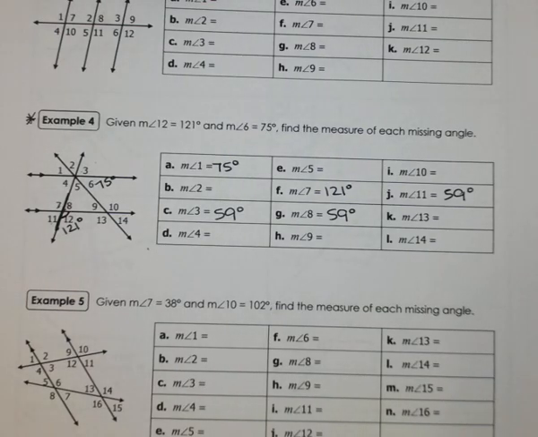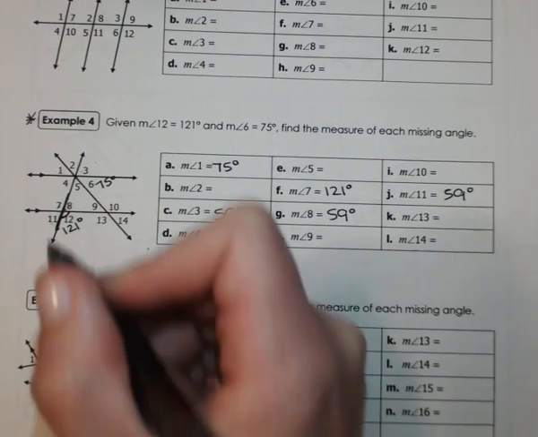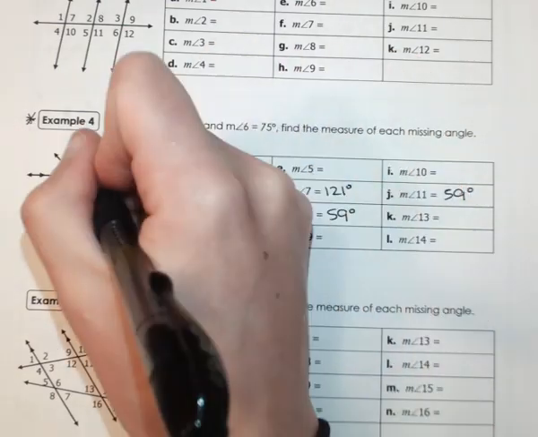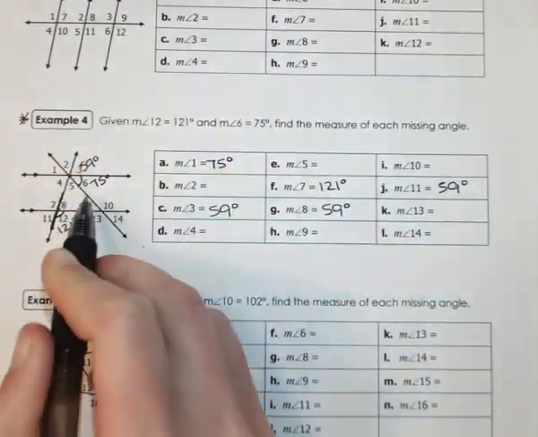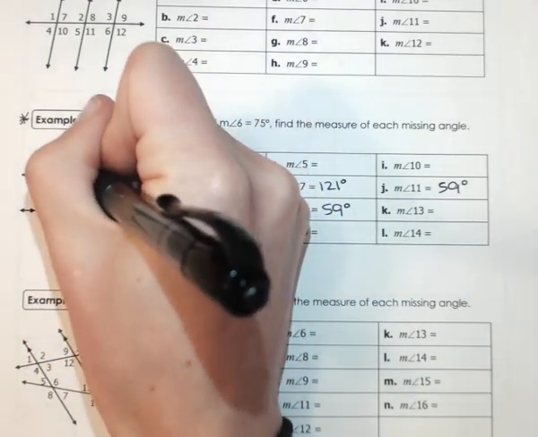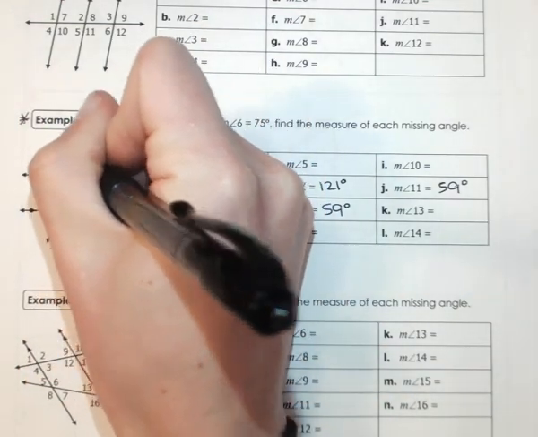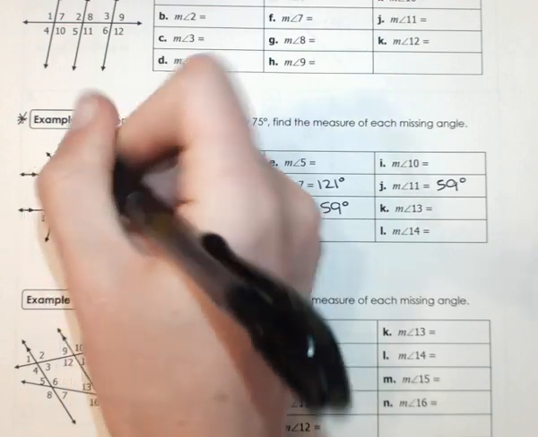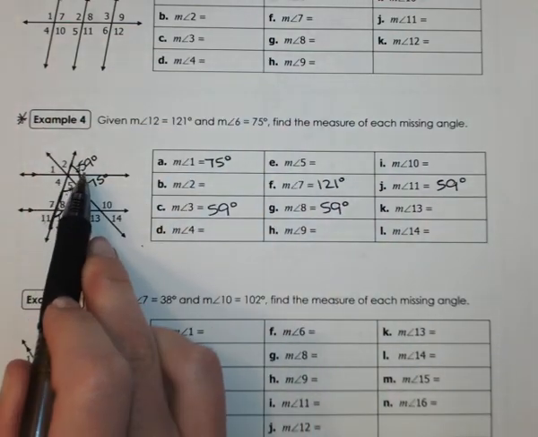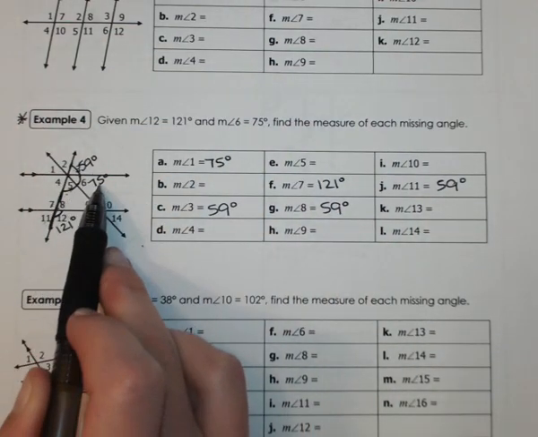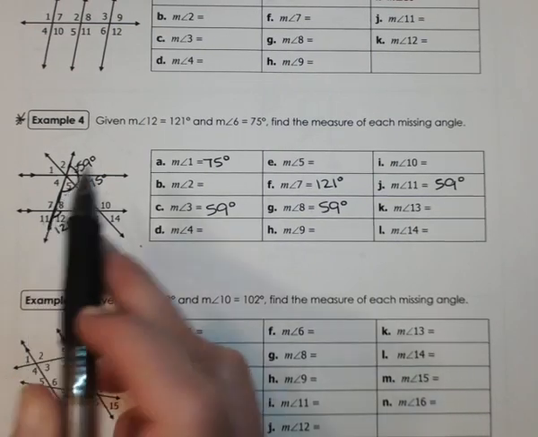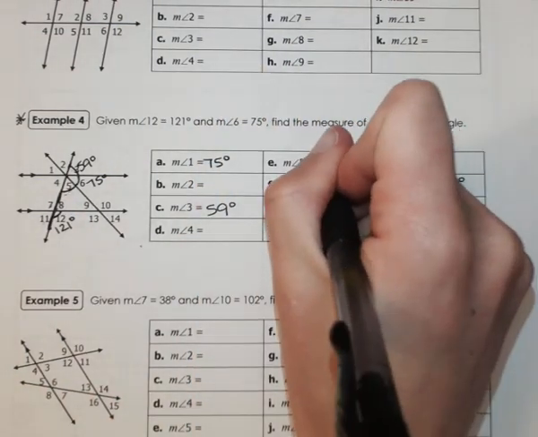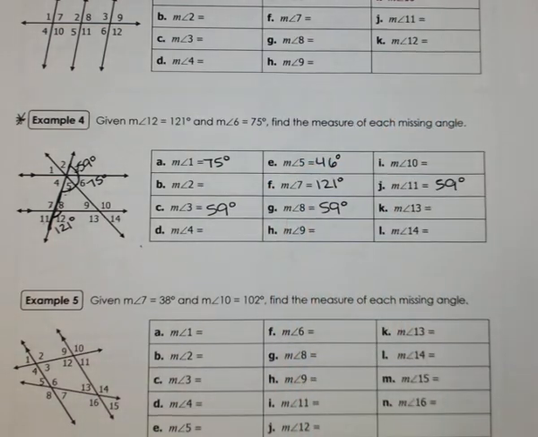Now that's going to help me find measure of angle 5 because I have measure of angle 3 is 59 degrees, measure of angle 6, this angle here, 75 degrees, and all three angles are on a straight line. A straight line is 180 degrees. So if I add 59 plus 75, subtract from 180 to get angle 5, that's going to be 46 degrees.